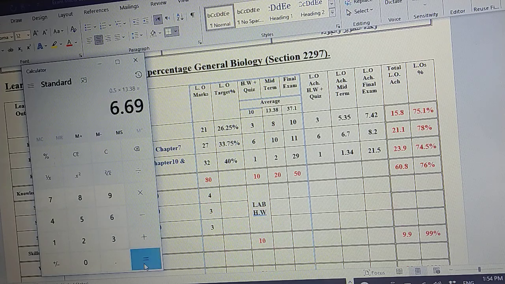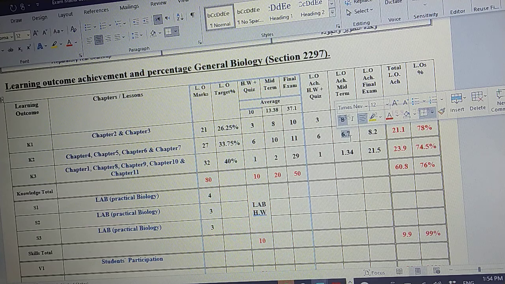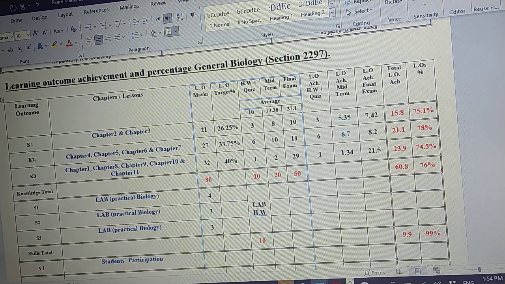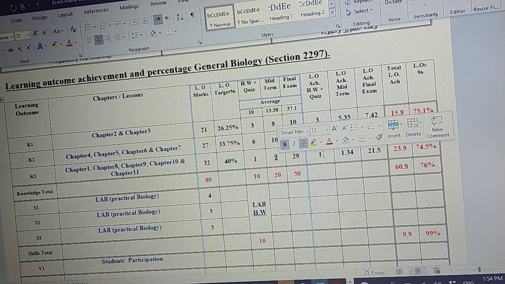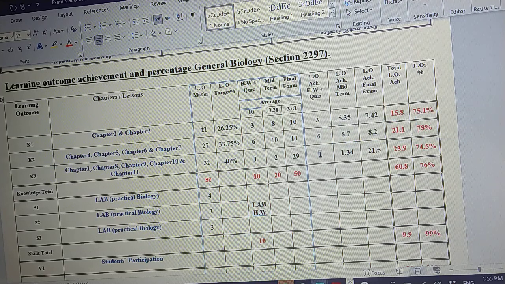It will be 6.69, about 6.7. So the student achieved 6.7 in the midterm for K2 out of 10 marks. By the same way, I am going to calculate K3 in the midterm, which is equal to 1. And the students also achieved 1 out of 2 for K3 in the midterm exam.